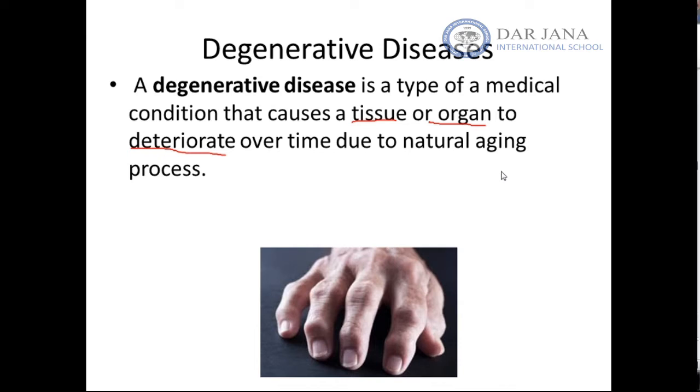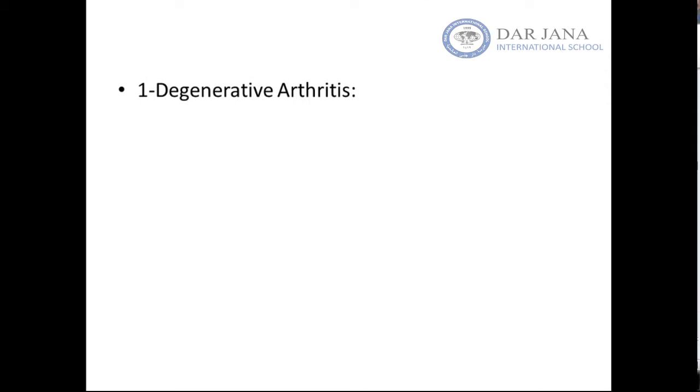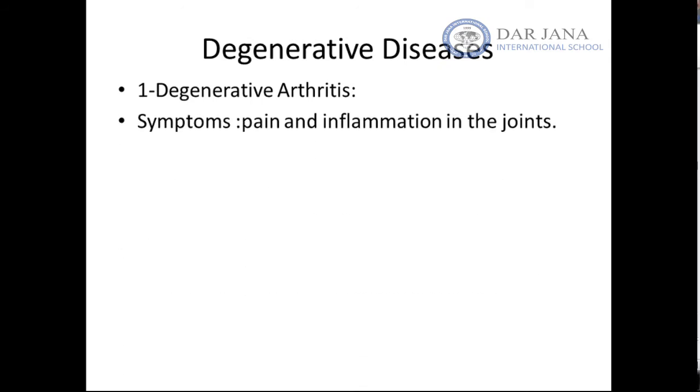The figure here shows an example of a degenerative disease, which is degenerative arthritis. This disease has symptoms like pain and inflammation in the joints. So, people suffering from arthritis will have pain and inflammation in their joints.